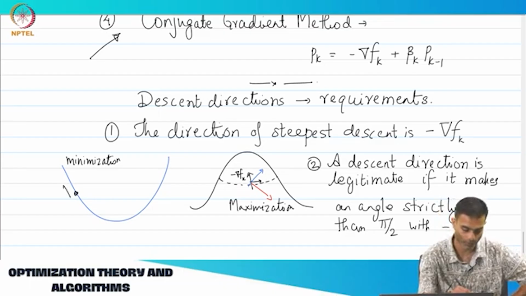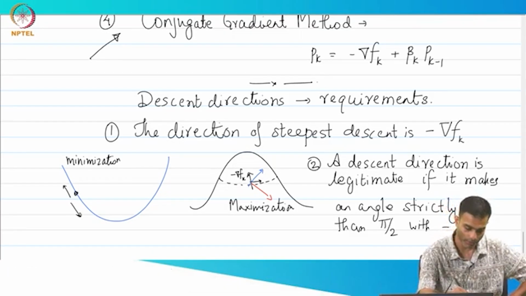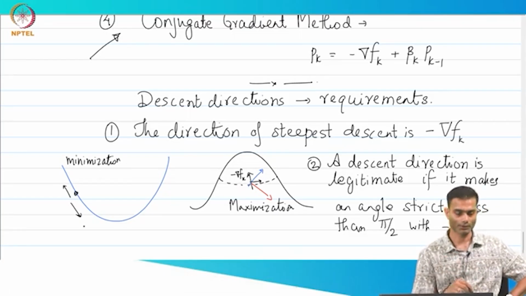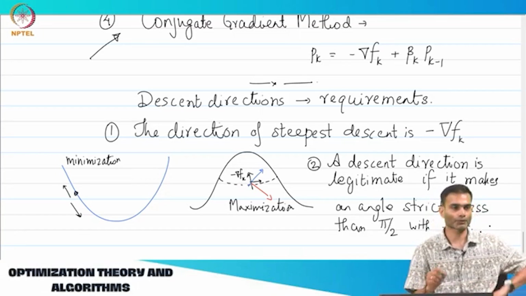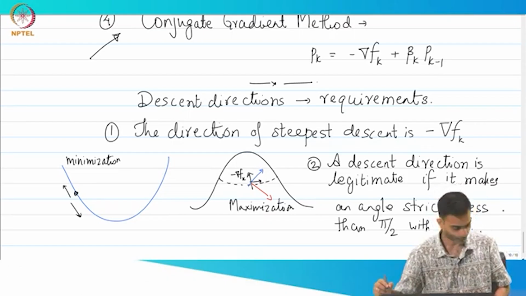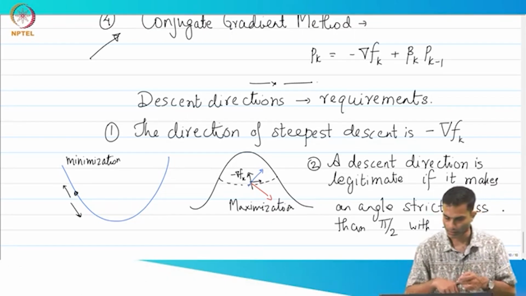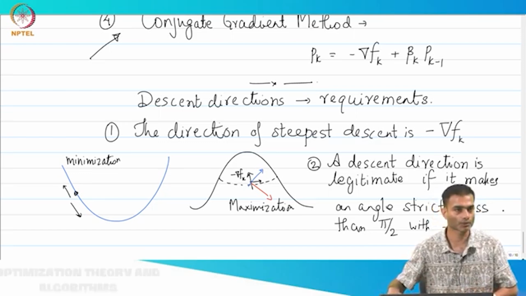If I go in this direction, the function value is increasing. If I want to decrease it, I need to go in this direction. Anyway, you get the geometric intuition of the angles. We'll prove this rigorously going forward. So we'll leave that for the next time to show you the proof of this.